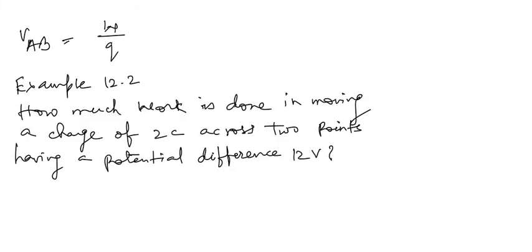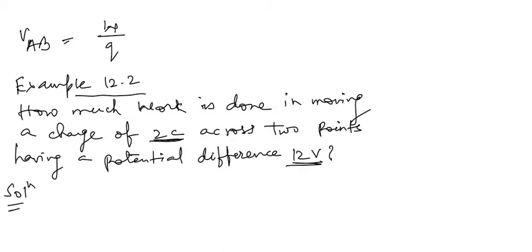We have got another example, 12.2, based on the concept of electric potential difference. How much work is done in moving a charge of 2 coulomb across 2 points having a potential difference of 12 volt?